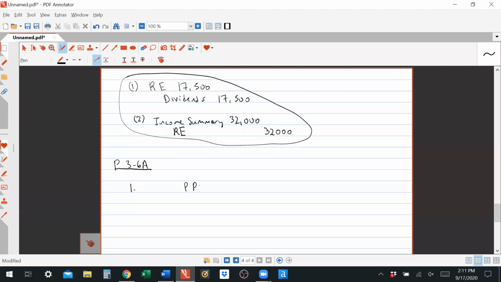So we take prepaid advertising, make a T account. This will look familiar to you. There's the balance before adjustment. That's what it needs to be after adjustment. And we must take some amount out of that account.